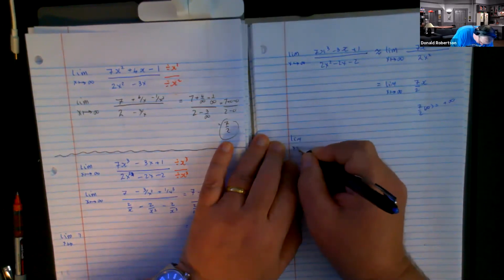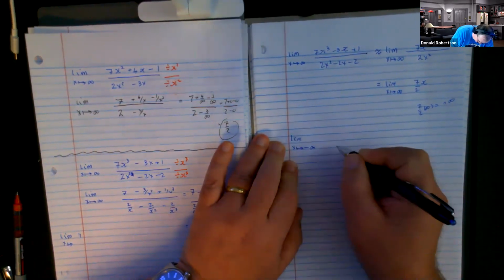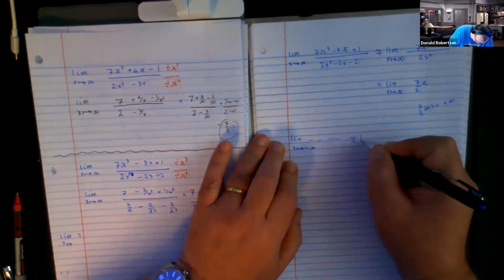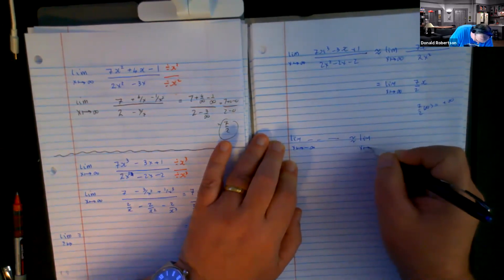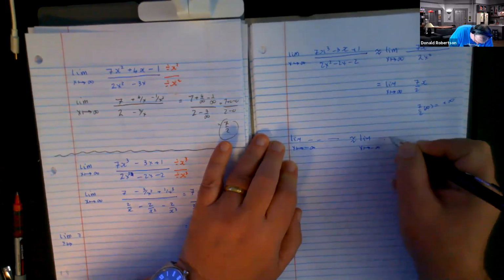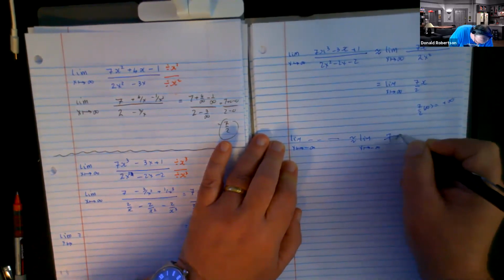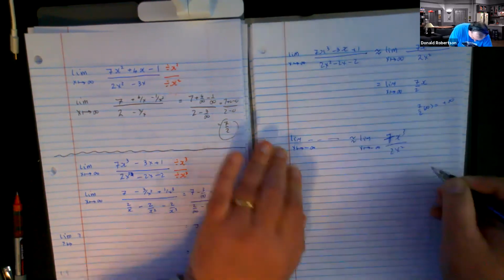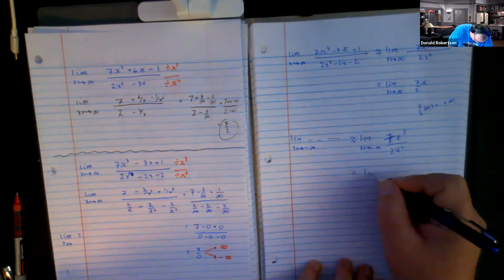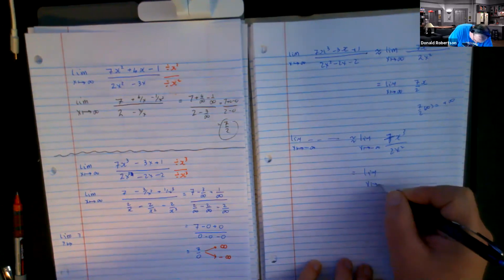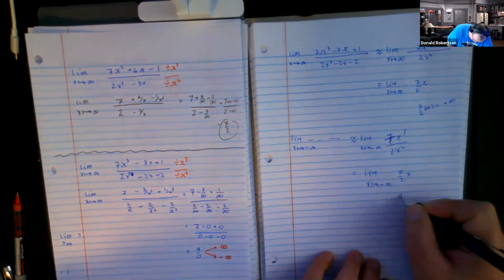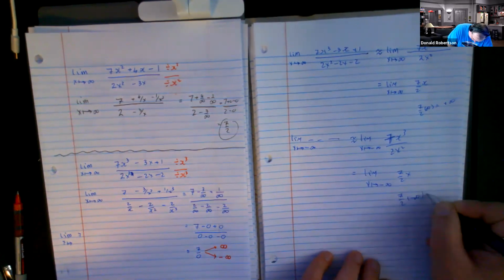If you choose negative infinity, then that stuff still behaves like that, right? Which means it's going to be the limit as x tends to negative infinity of 7/2 x. Well, isn't 7/2 negative infinity? Negative infinity.